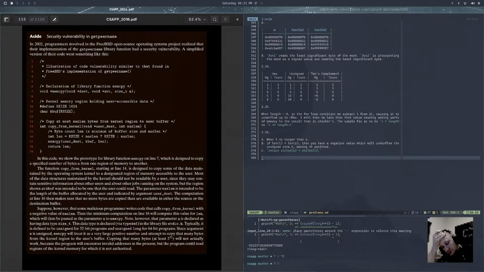And then we memcopy user destination, k buffer, length. I mean, that seems pretty reasonable to me. I guess memcopy could return, it returns a void star, never mind.